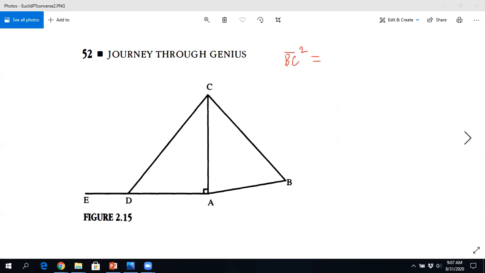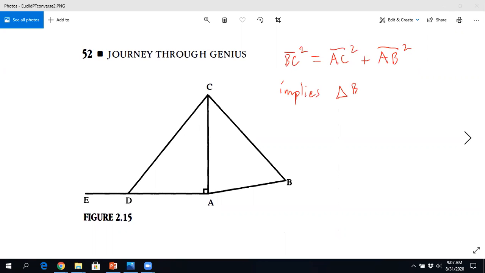The length of BC squared equal to the length of AC squared plus the length of AB squared implies what?